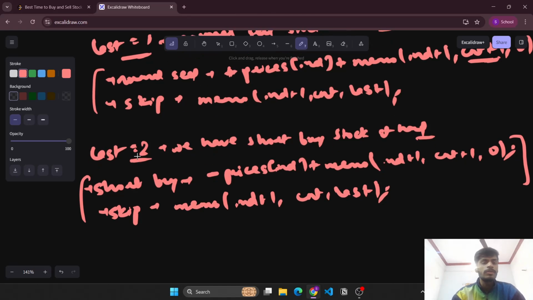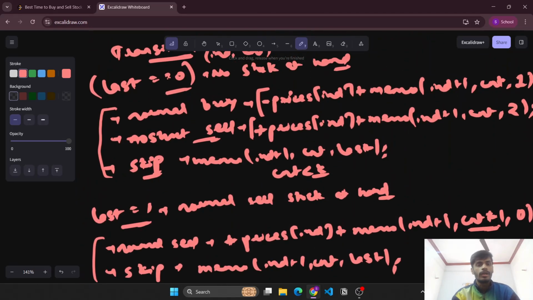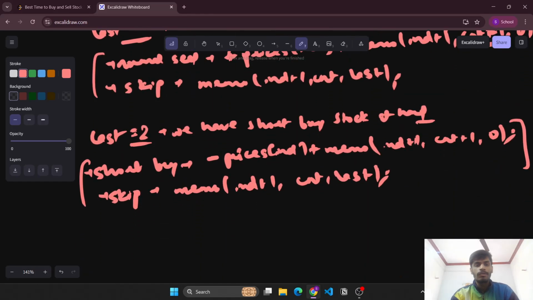And last equals to 2 means we short sold initially, and now we need to buy it. So we will be getting minus prices of index as the current profit at the current step, and we'll be calling the same function for the indices, changing the count as well as the last value accordingly. So these are the transitions that we follow at each step.